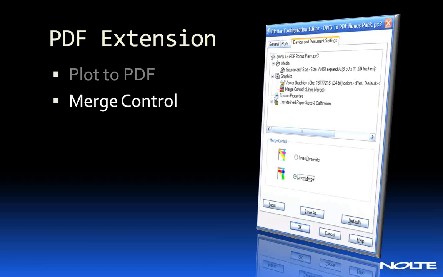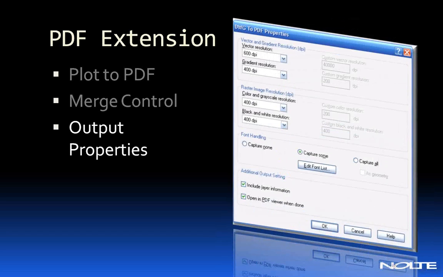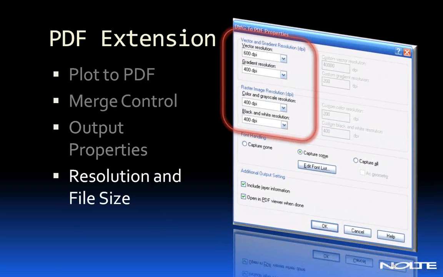That's a nice feature, and it's missing in some of the other PDF drivers that we have. We also have an output properties option where we can control, among other things, the resolution of the PDF file, which will then also control the file size. We'll take a look at the options when I do the demo portion.